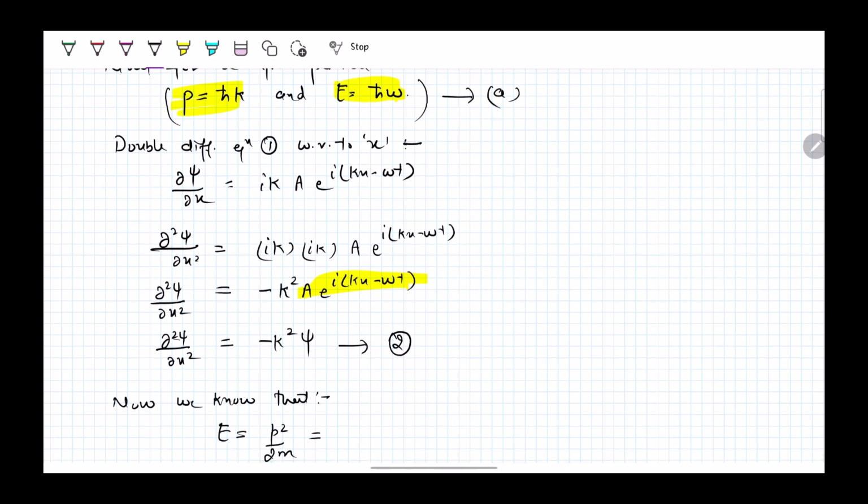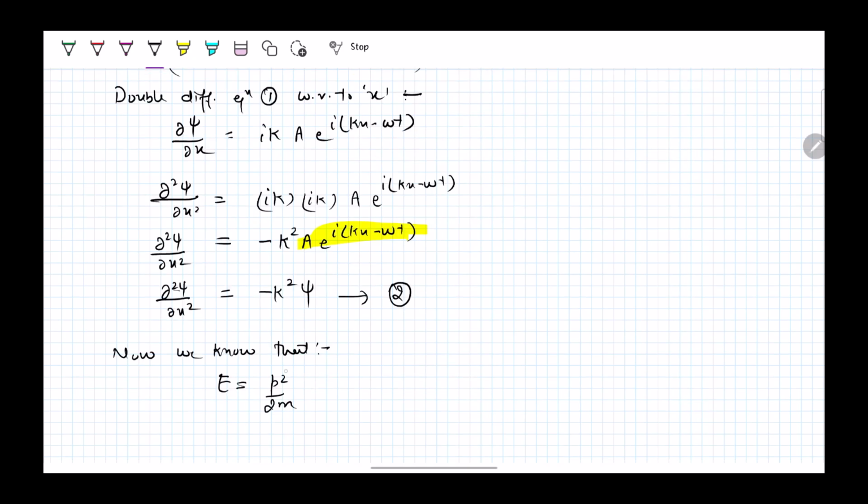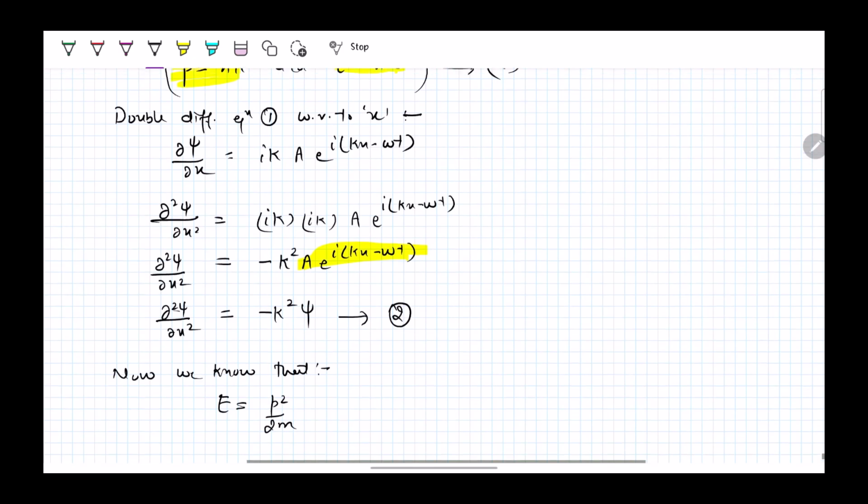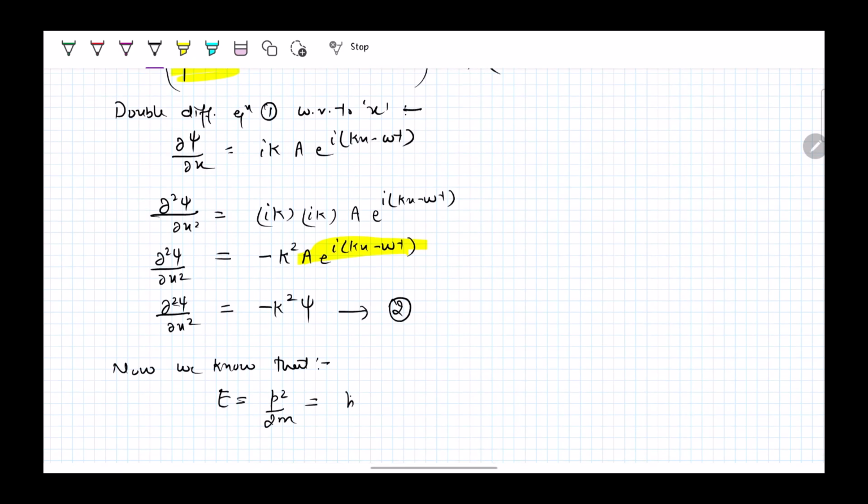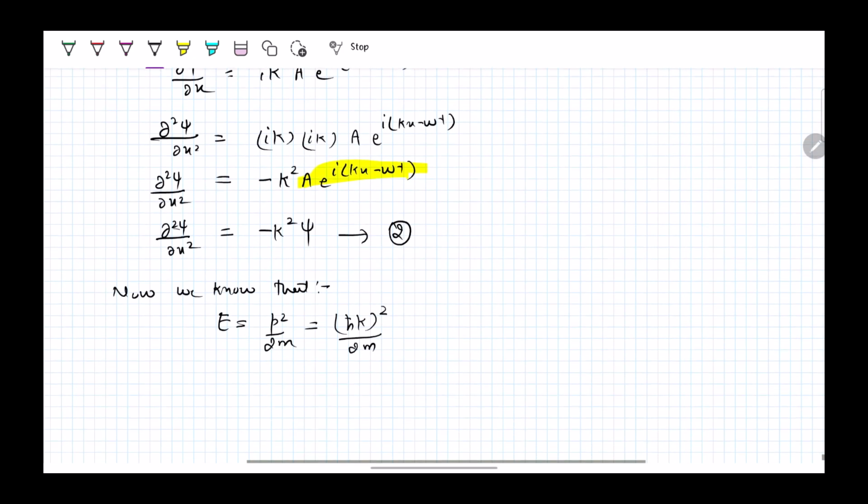By using equation a, we get p square over 2m equal to h cut square k square over 2m.